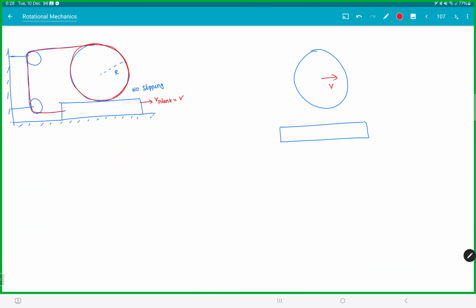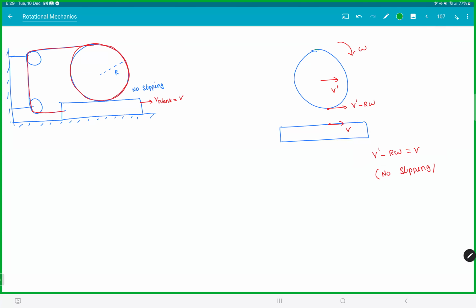Let this go with V1 and let this go with V dash. And let this rotate with omega. So at this point, the speed will be V dash minus R omega. At this point, the speed is V. That's your no slipping condition. So V dash minus R omega is V. That is the meaning of no slipping condition.